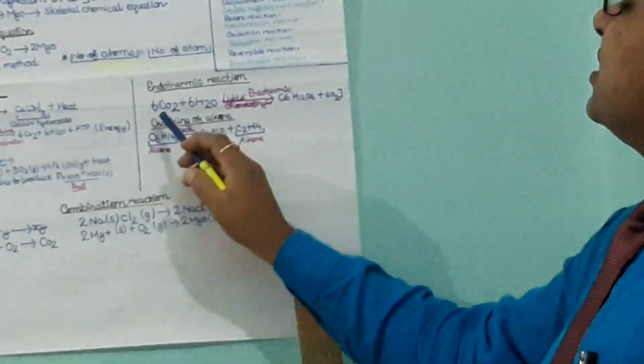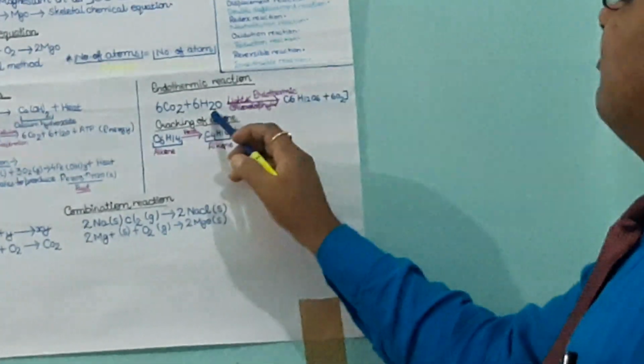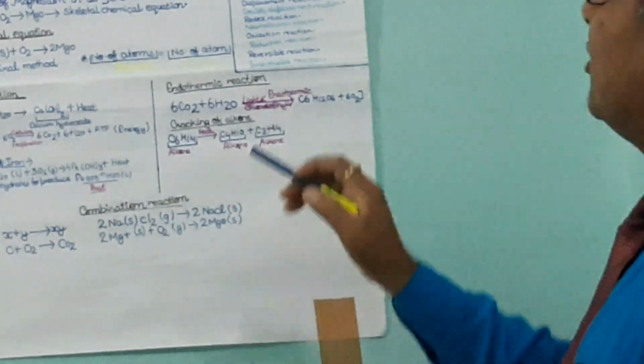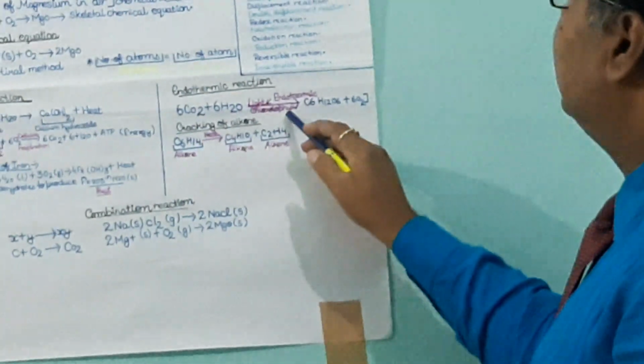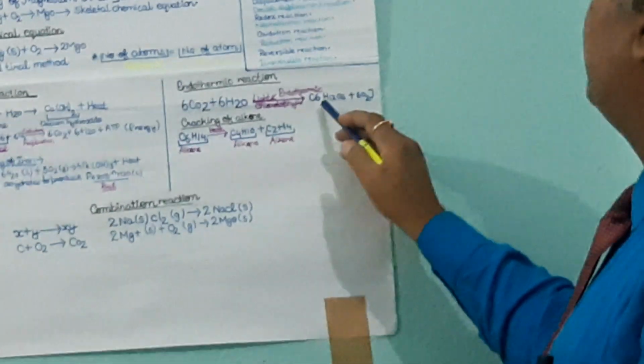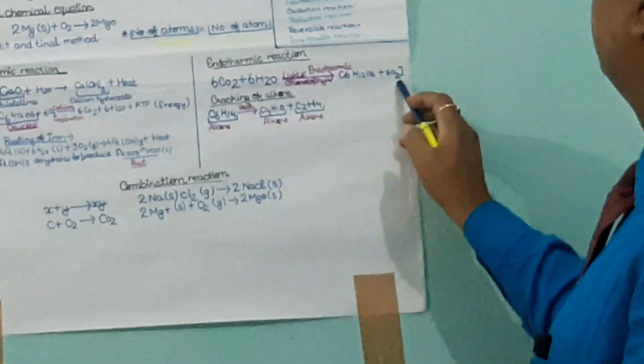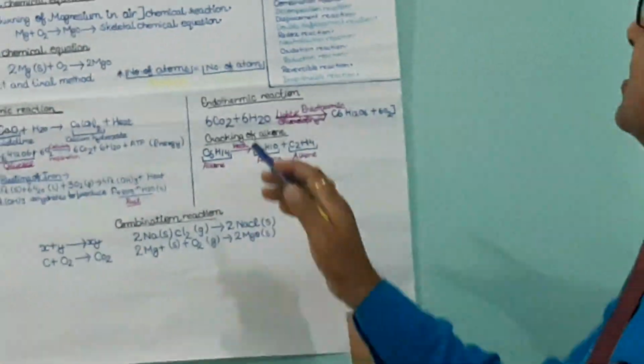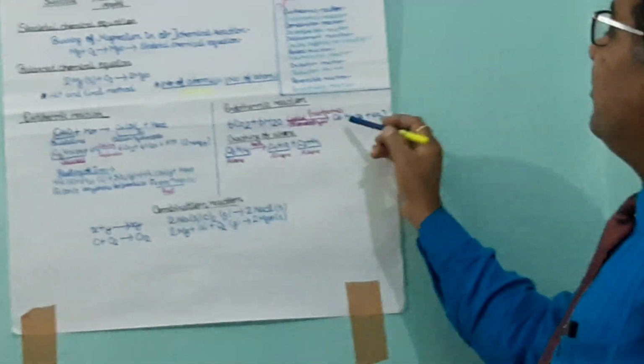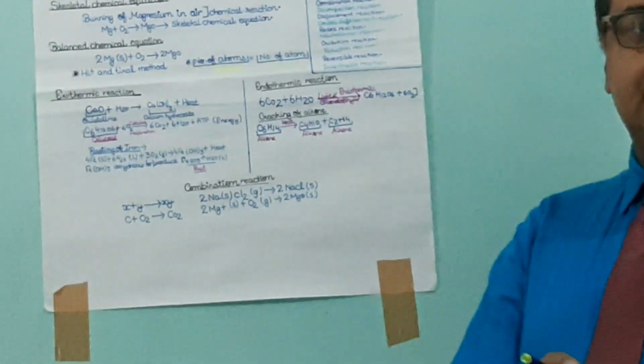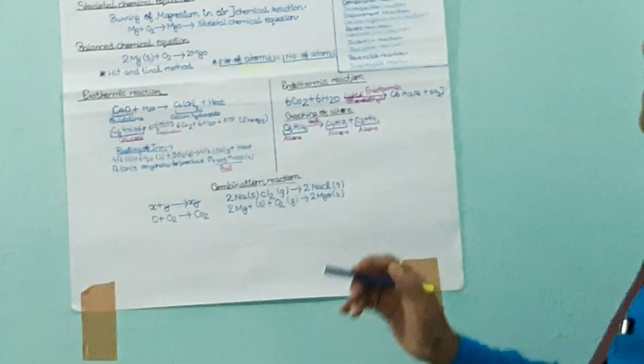In this process, carbon dioxide and water combine in presence of light and chlorophyll inside the plant cell, and it produces glucose and oxygen. This is an endothermic reaction because it requires light as a form of energy.